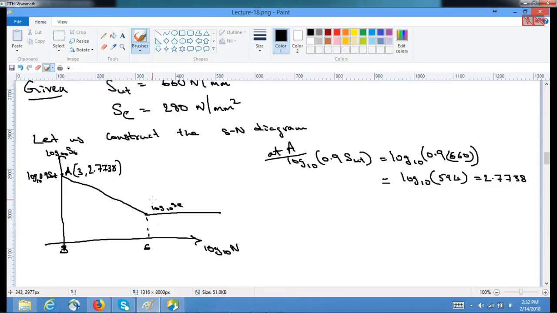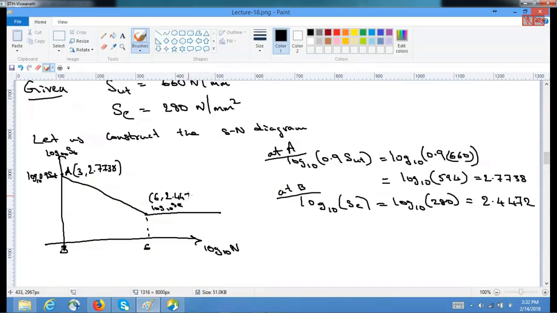So this point is 6, which is 2.4472 is the value. So we got point A and point B.